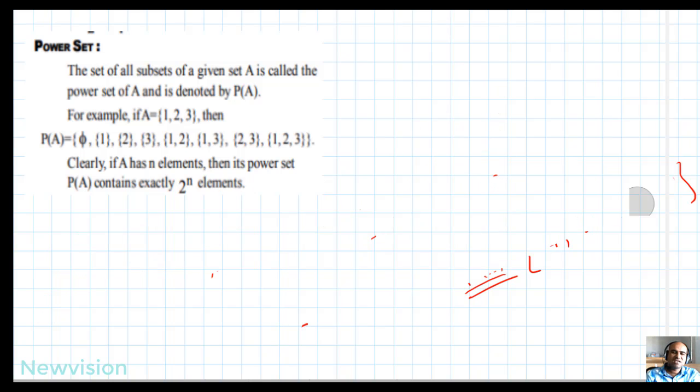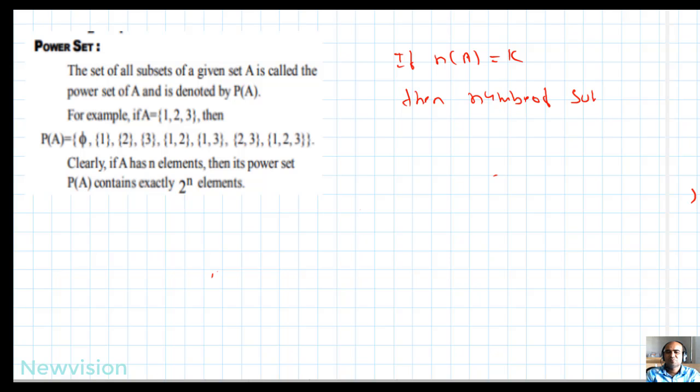I want to generalize that. If n of A equals k, then the number of subsets of A equals 2 power k.